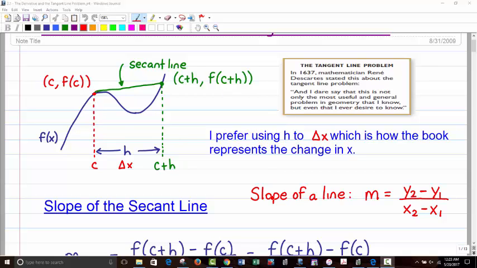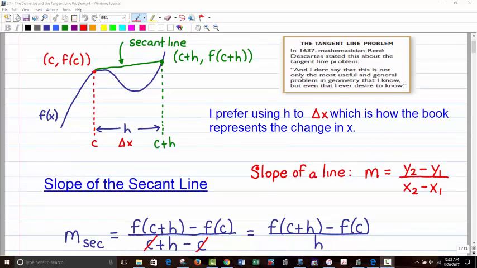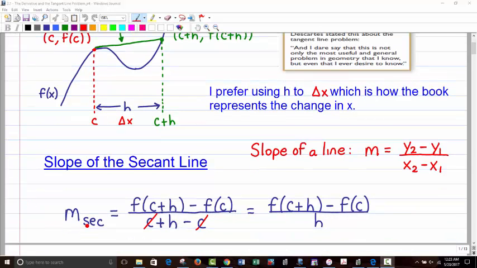Now the slope of that secant line is straightforward algebra: y2 minus y1 over x2 minus x1. But we're going to use the notation as given above to define this secant line. So I'm using the subscript sec here, and of course our usual m for slope.